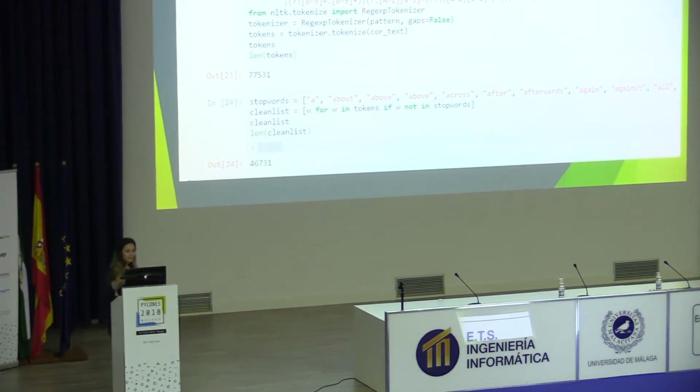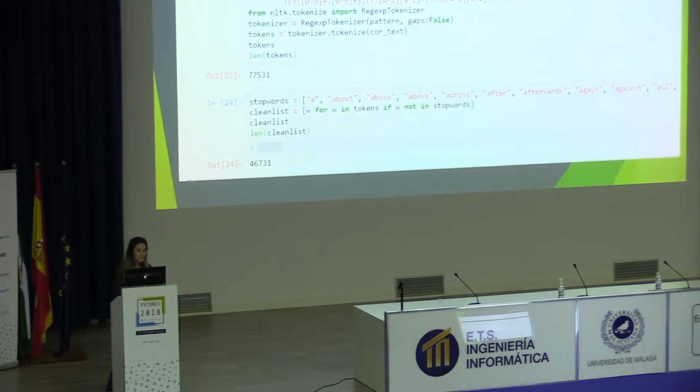With the regex, we kept a corpus of 77,000, and with the stop word removal, we ended up with 46,000, which is very useful if you are going to analyze, in this case, named entities, because my aim in this case was to find named entities for the sentiment analysis. So you need to identify the entity and then be able to use the entities to find the sentiment.